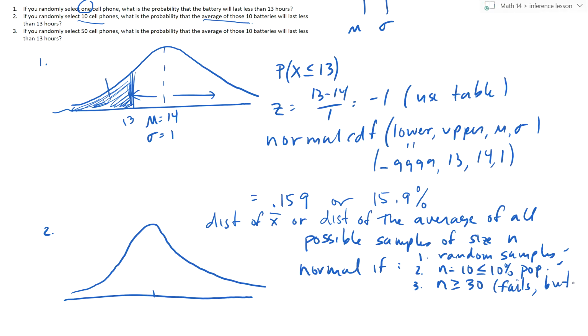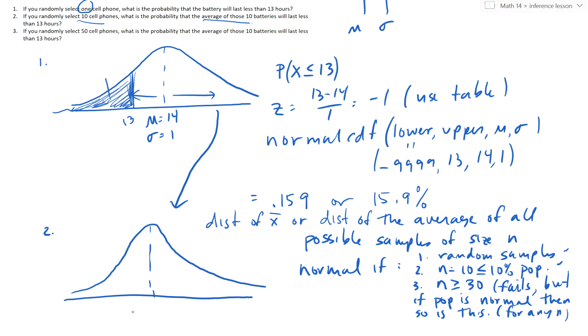But, and I don't know if we mentioned this in class very much, if the population is normal, then the sampling distribution is normal for any n, no matter what n is.